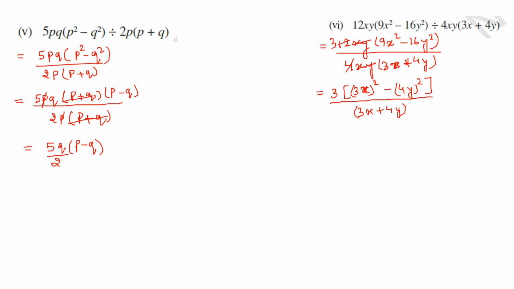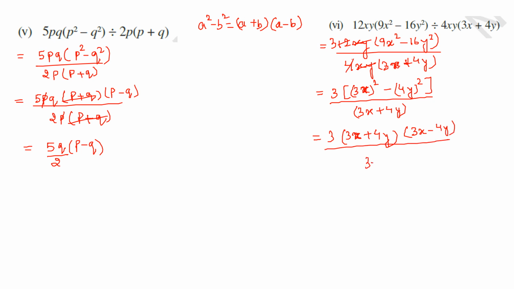Now I can use the identity a square minus b square, which will give me a plus b into a minus b. So from here I can write 3x plus 4y and then 3x minus 4y, because my a is 3x and b is 4y, divided by 3x plus 4y.